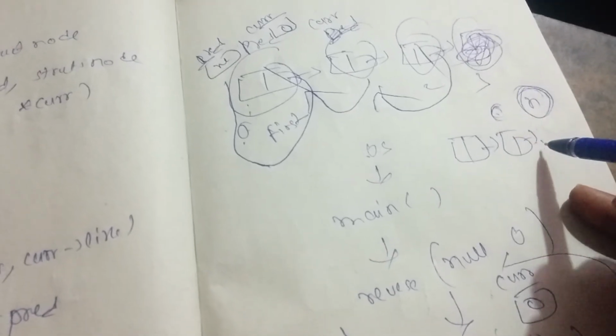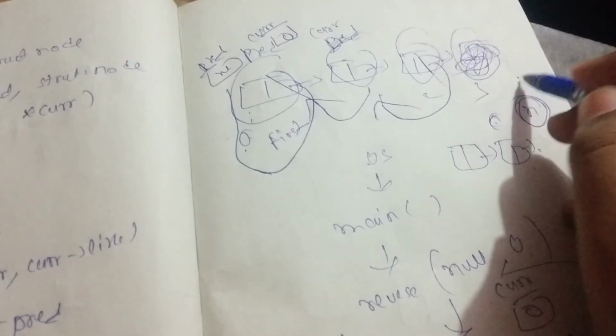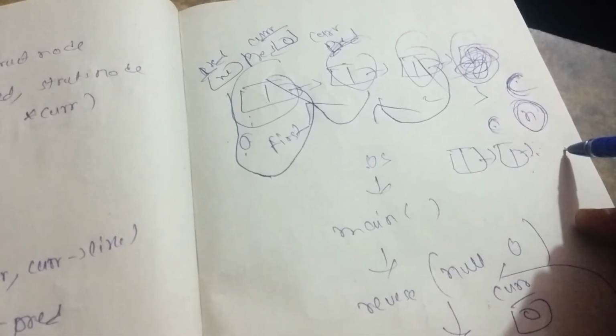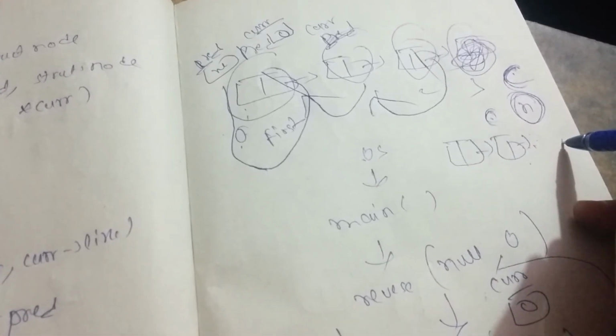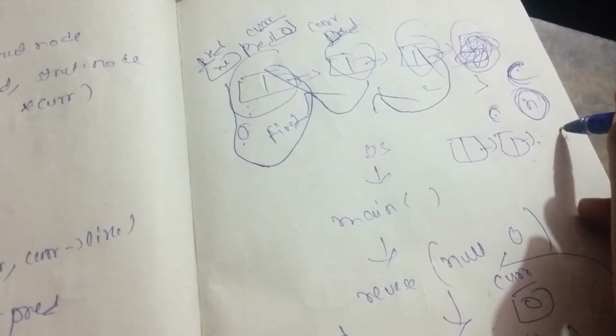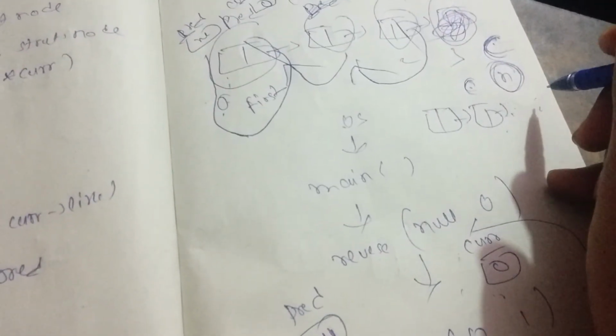In the situation when null becomes current, what do we have to do during this situation?